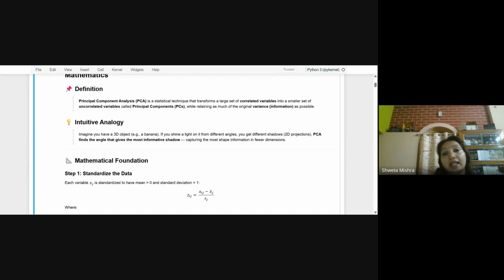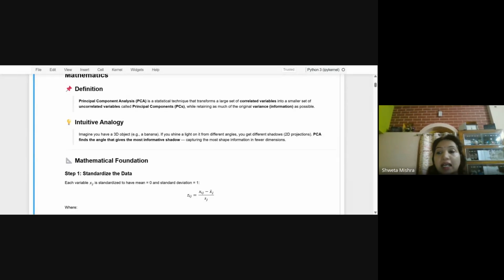Now try to understand that PCA is the idea of what should be that angle to get the specific information of a three-dimensional figure into two dimensions.